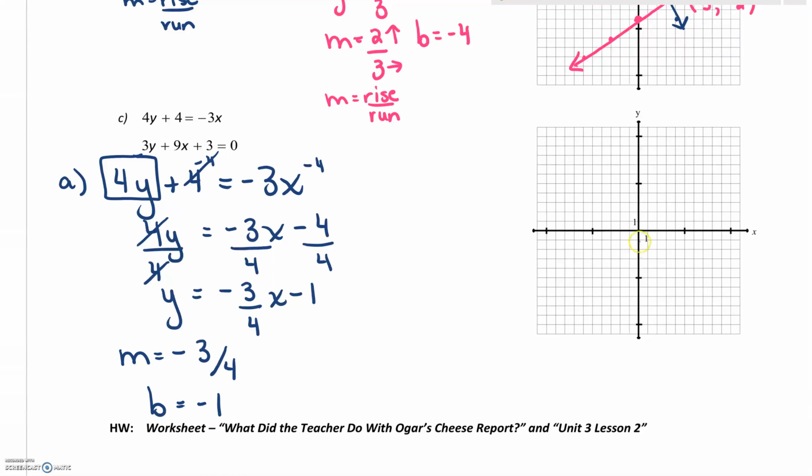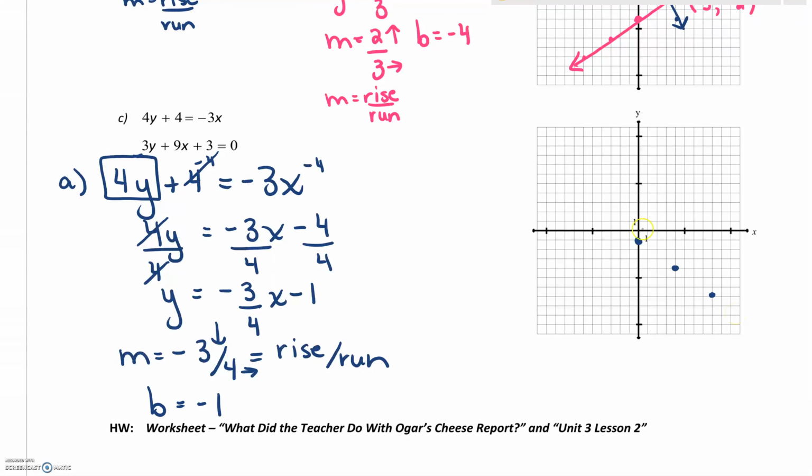I'll start by drawing my b, but to get more coordinates, you need to recognize that the slope is rise over run, which means we're going to rise down 3 and to the right 4. So when I do that, I rise down 3 and to the right 4, I end up only able to draw 3 points.